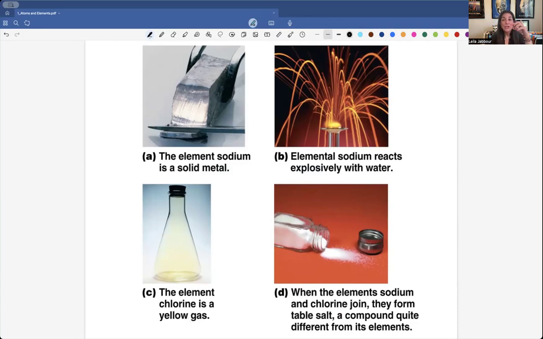But if you add sodium the metal and chlorine the gas together, it forms salt. That's it. Salt, the table salt that you put on your food. So you see that salt is a compound that has completely different properties than sodium by itself or chlorine by itself.